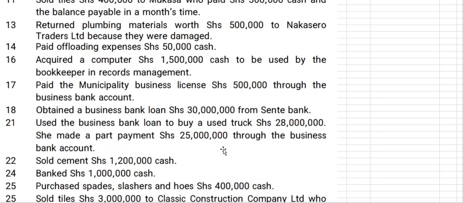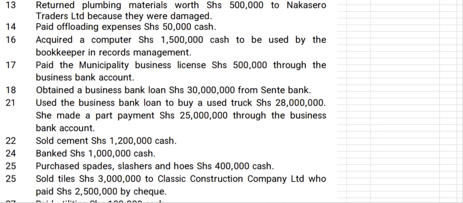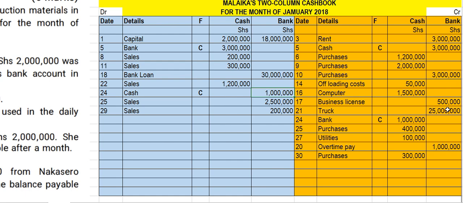The municipality business license, shillings 500,000 through the business bank account. This is a payment through the bank, so on 17th, we credit the cash book. Business license, bank column, 500,000 was paid through the bank.